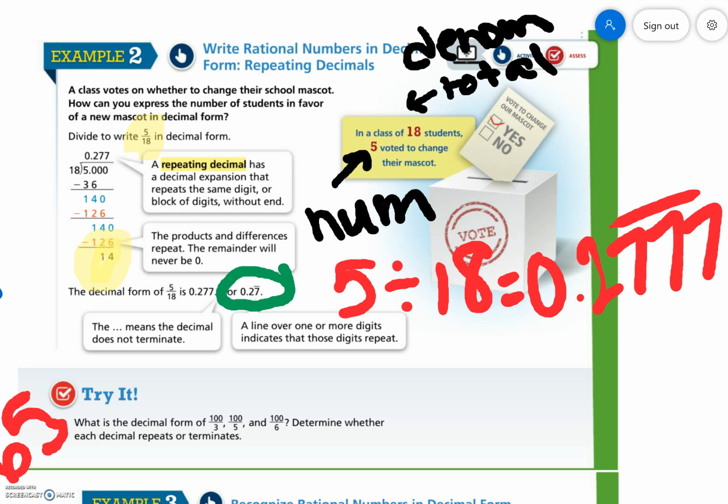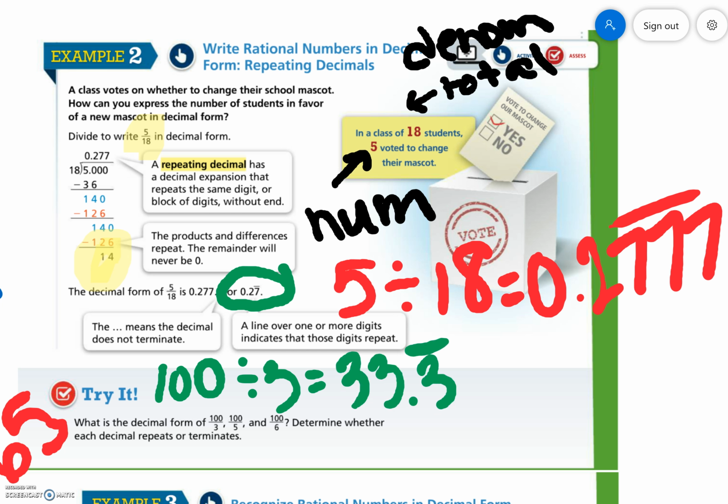All right, so I hope you plugged these all into your calculator and saw that 100 divided by 3 gives you, I'm going to pull my calculator up, 33.3 repeating. Then 100 divided by 5 gives us, everybody should know this, 20.